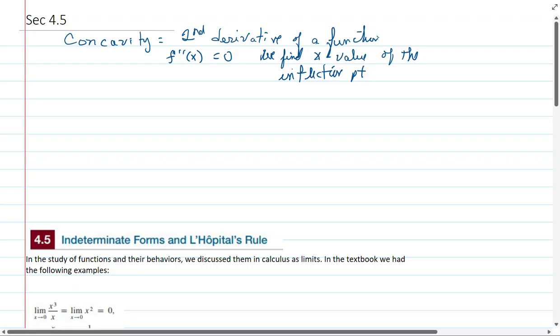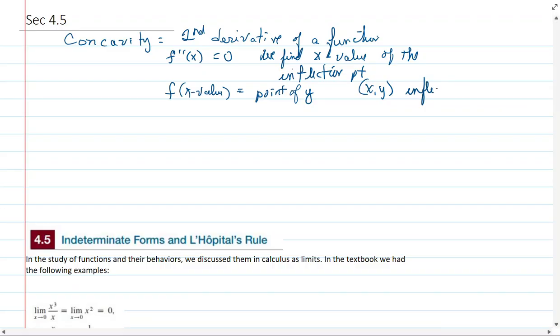Once we have that, then we go to the original function. f of that x value will give us the y value, so that we have an (x, y) that is the inflection point.